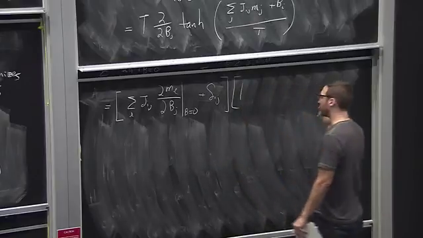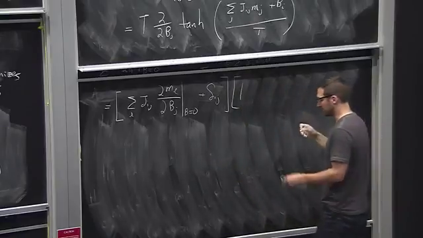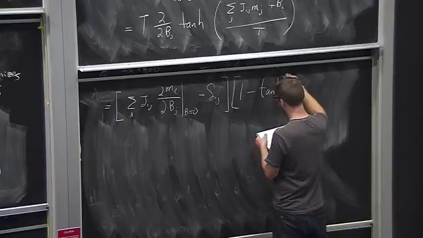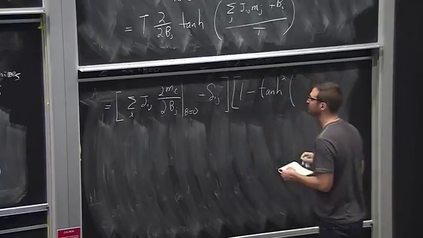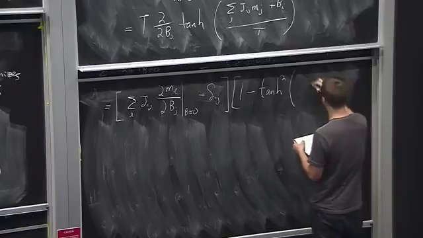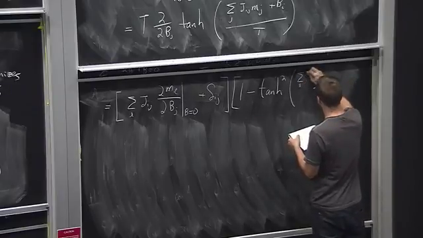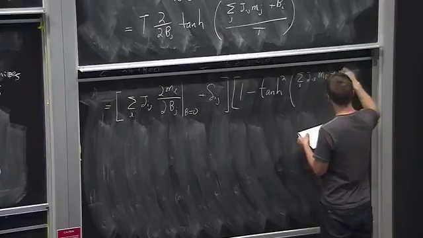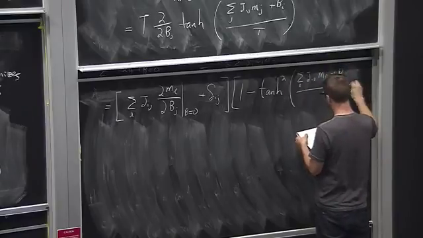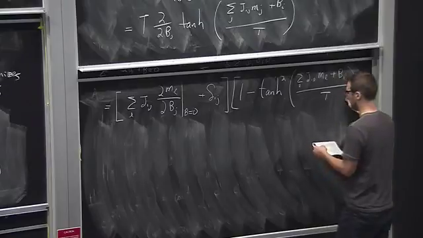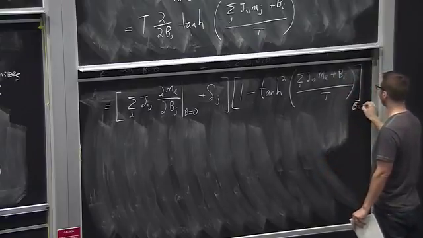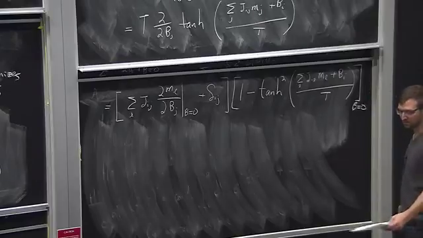And the derivative of the hyperbolic tangent is 1 minus tanh squared. This is chain rule. J_iL m_L plus B, over T. I've got to set B equal to 0 somewhere here. Okay, so just taking a derivative.